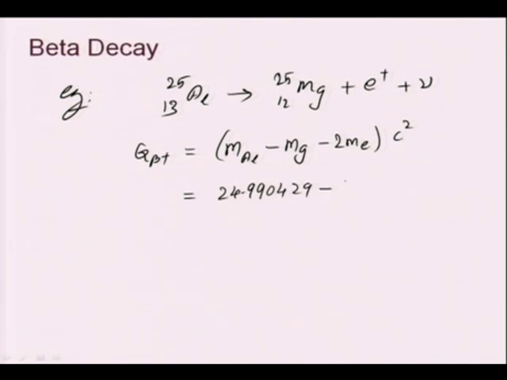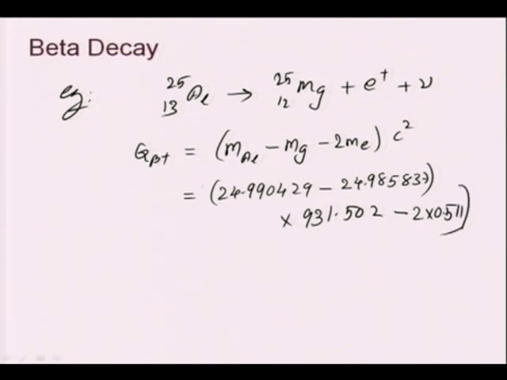This is equal to 24.990429 minus 24.985837, these two masses, into the factor to convert it into MeV, 931.502, minus twice 0.511, which is the electron mass in MeV.